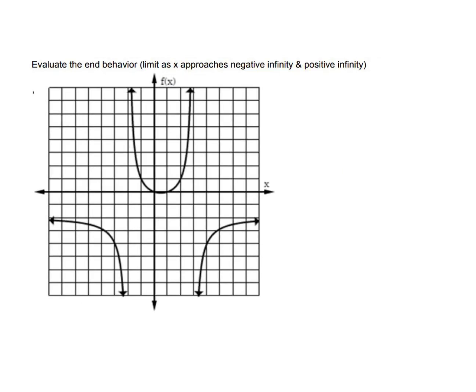So this one, it almost looks like there's multiple functions, but this is going to be very interesting. So we're definitely going to draw in our horizontal asymptote here. And then what we also have are 2 vertical asymptotes.